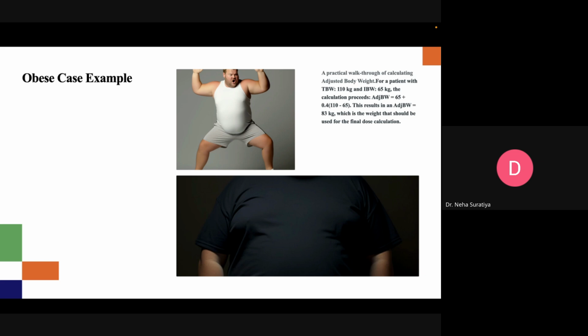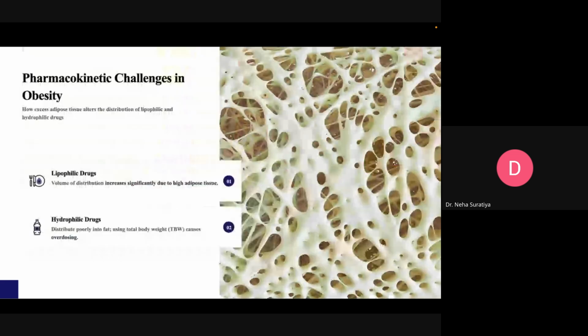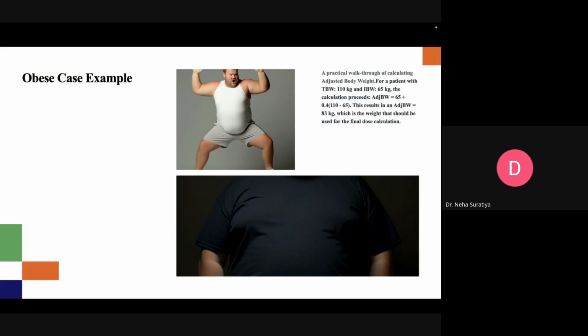But for adjusted body weight, you need to have the ideal body weight, and for that I have also mentioned the formula here. You can calculate ideal body weight, which requires height, and once you have ideal body weight, you can calculate adjusted body weight. I hope it is clear to you.